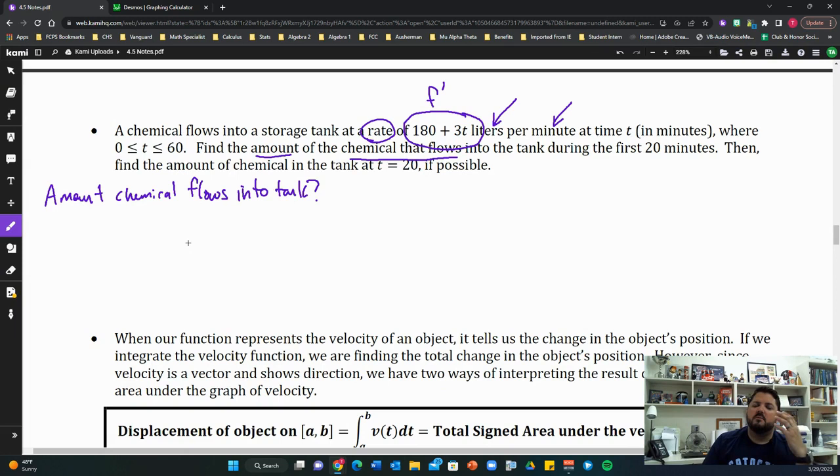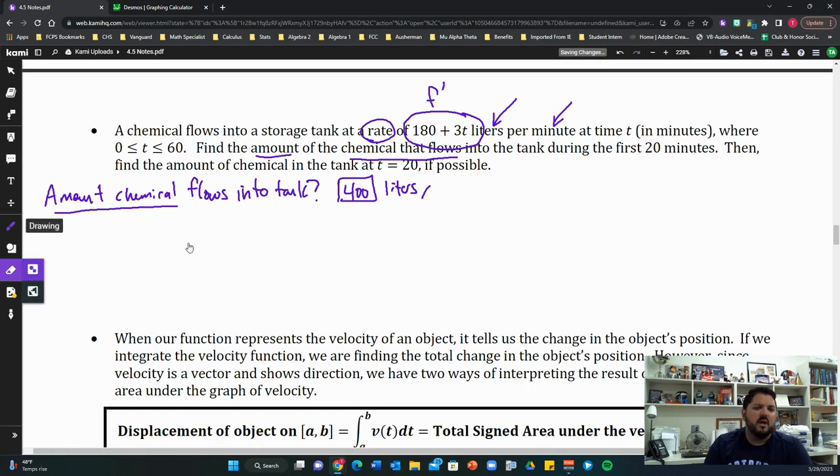So if you think about possible answers to that, it's obviously going to be some kind of number, but if you think about the units involved, to answer the question, how much chemical has flowed into the tank, if I said 400 liters per second, that doesn't actually answer the question. Liters per second, or excuse me, liters per minute was the unit that was used here. Liters per minute is not an appropriate unit for this question.